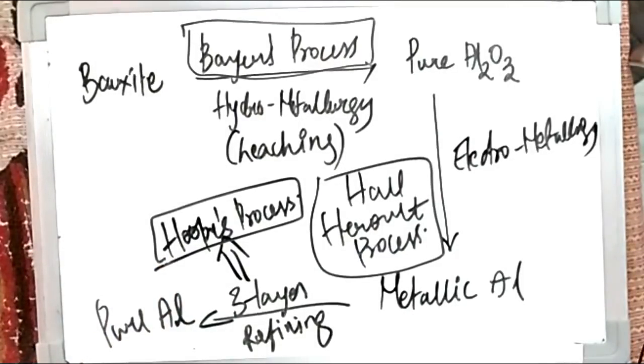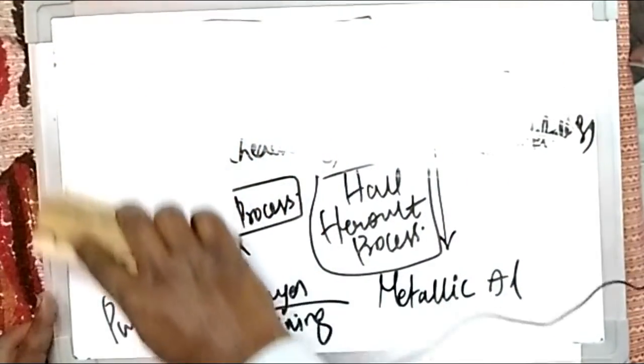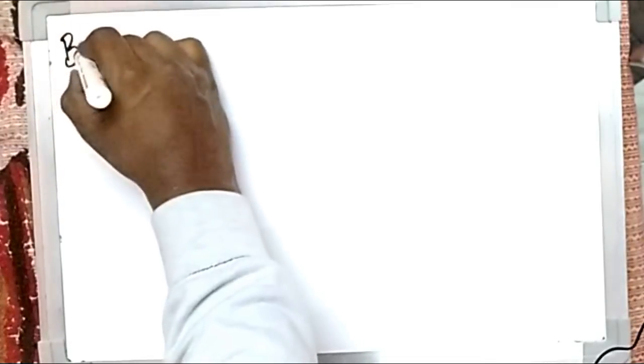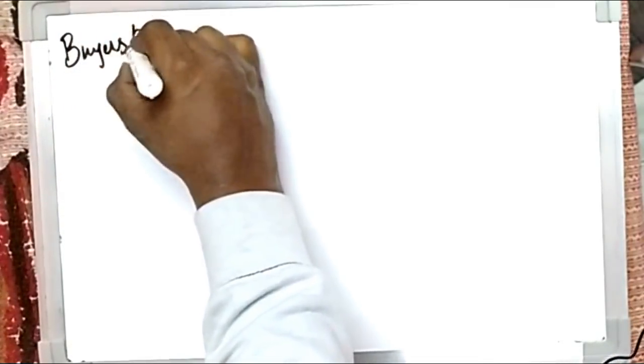So now we'll start with Bayer's process. Okay, so in this process, what happens? A high purity alumina is required for electrolysis, that means as the raw material of the electrometallurgical process, so we have to do this Bayer's process in order to produce that high purity alumina.